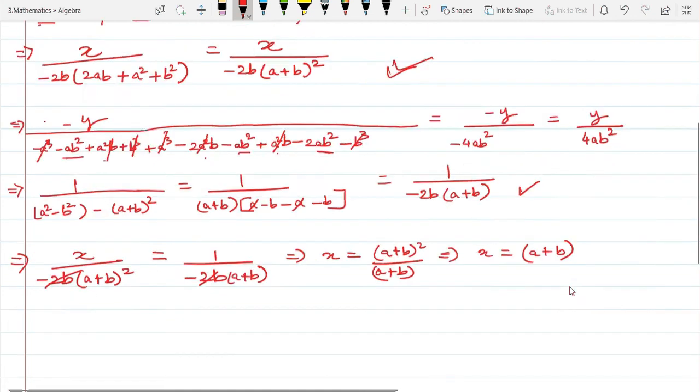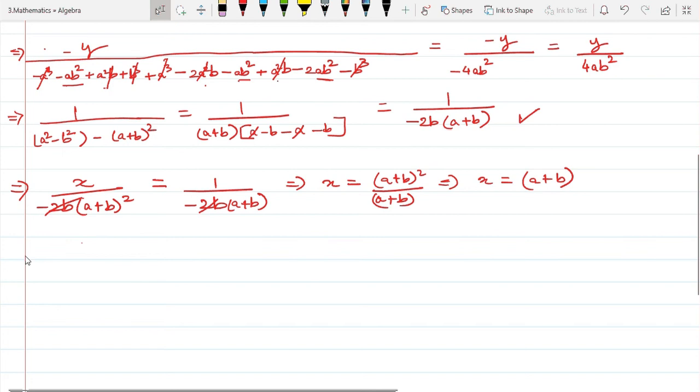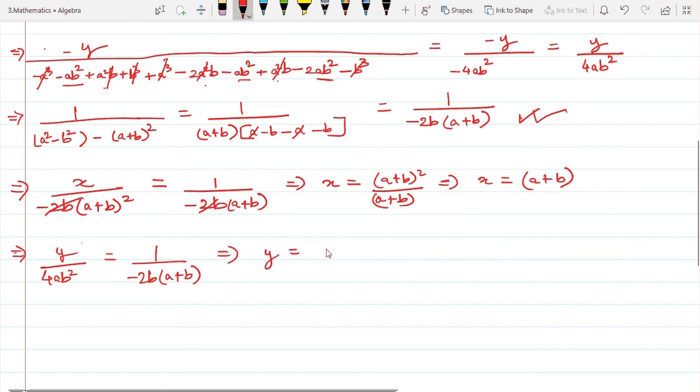Okay, and then we have y. So let's verify y. So I had y upon 4ab square is equal to the same thing, which is this one, the constant term. This is equal to 1 upon minus 2b into a plus b. This will mean y is equal to 4ab square by minus 2b into a plus b.